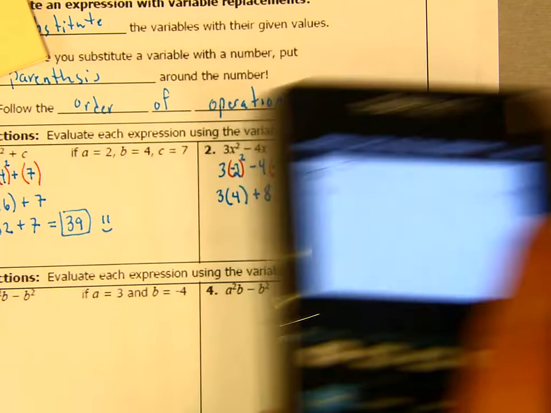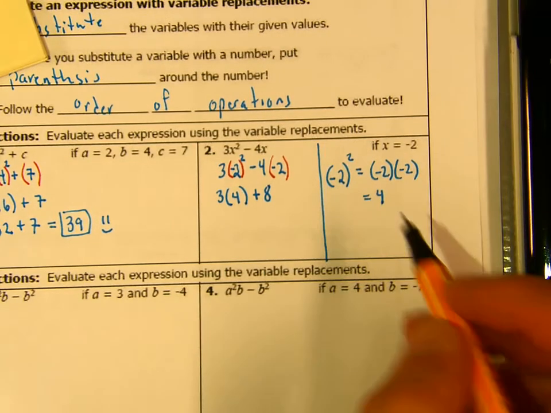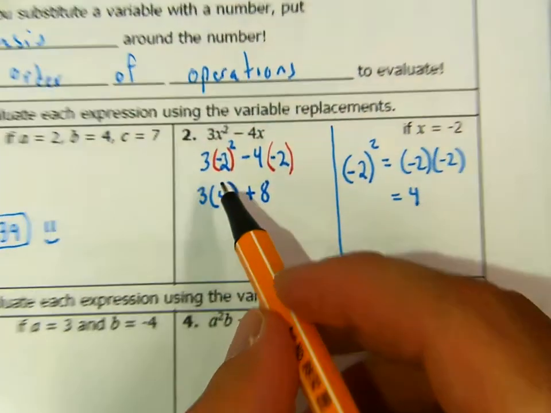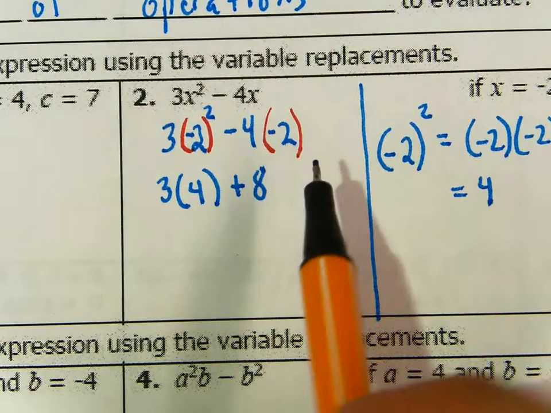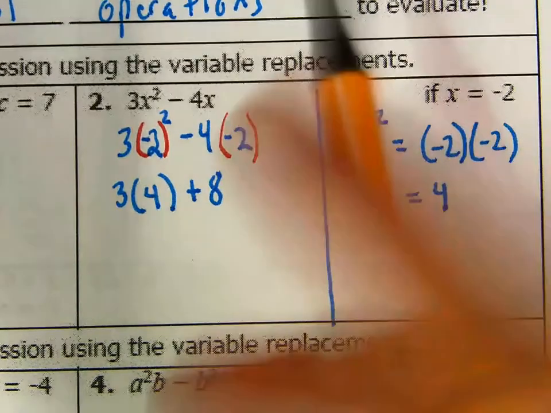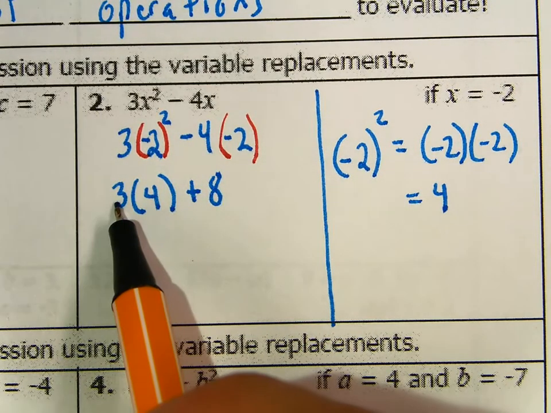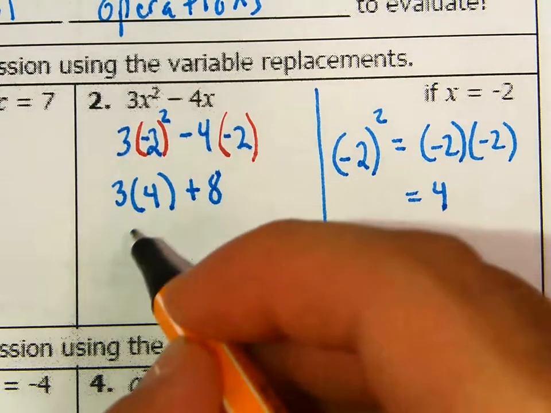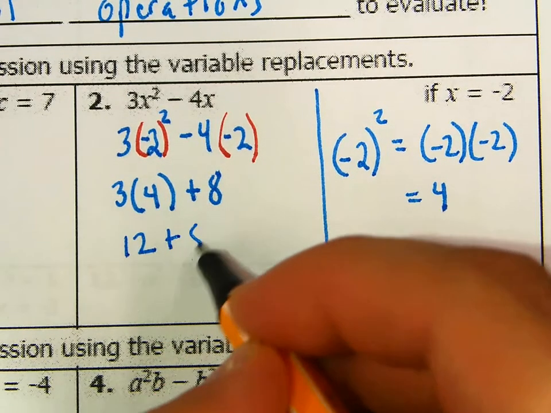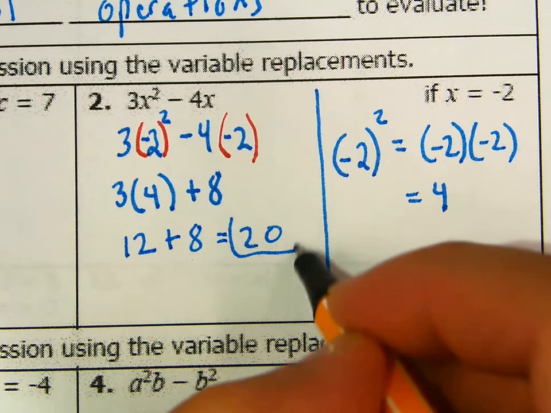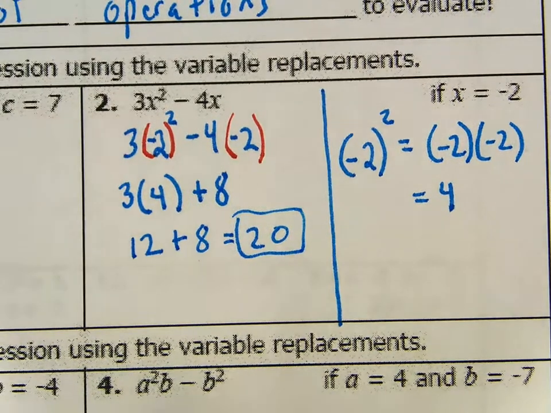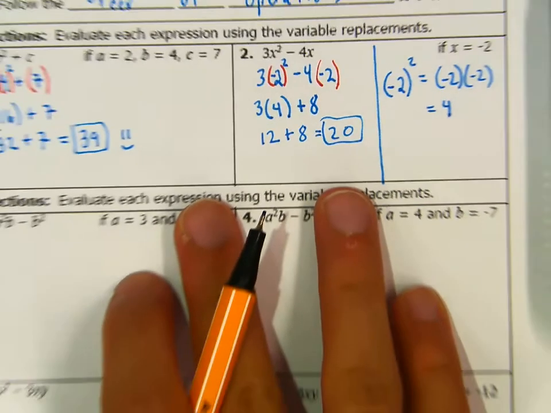Just something to have, okay? So let's take a look. Hopefully that wasn't a waste of time, because I know a lot of students need to learn that. But here, how do we continue? 3 times 4 is 12, plus 8, that is 20. Very good. Okay, next one.